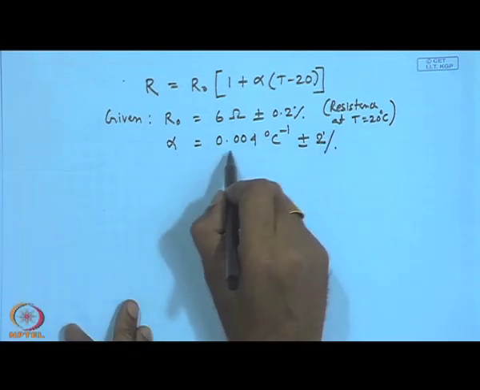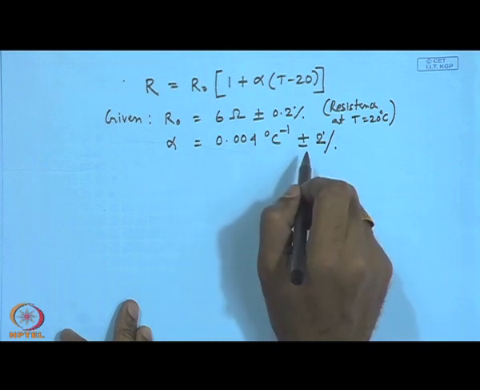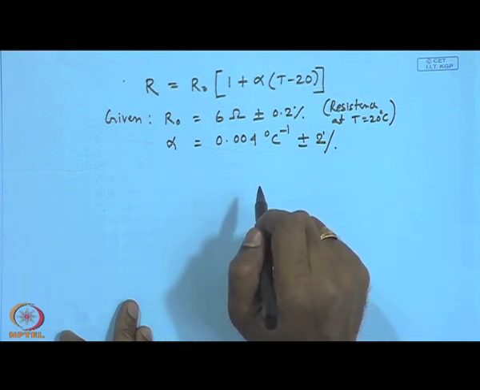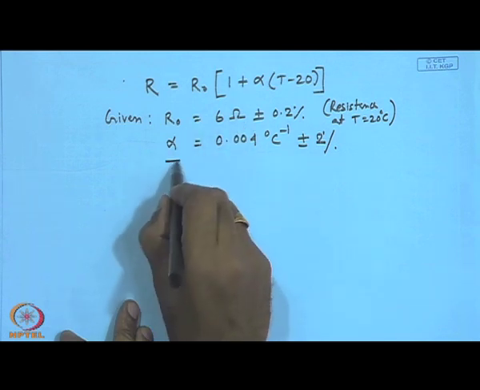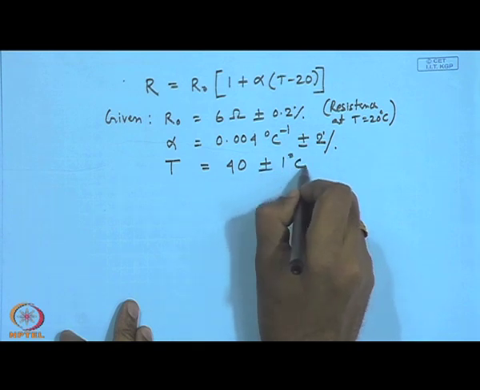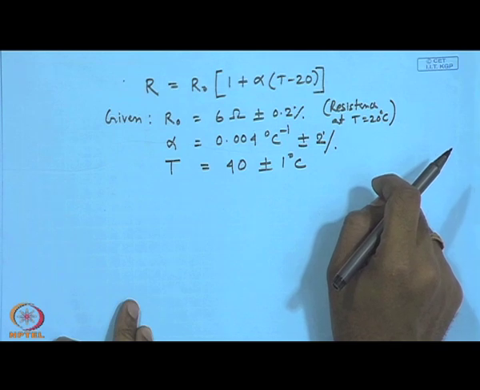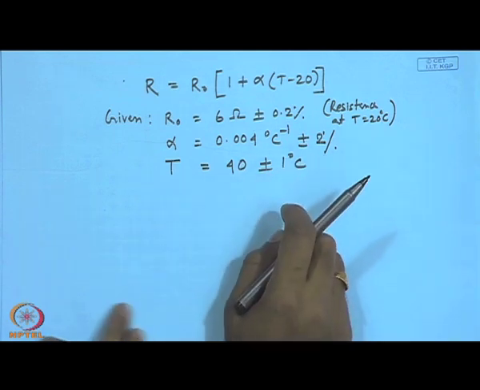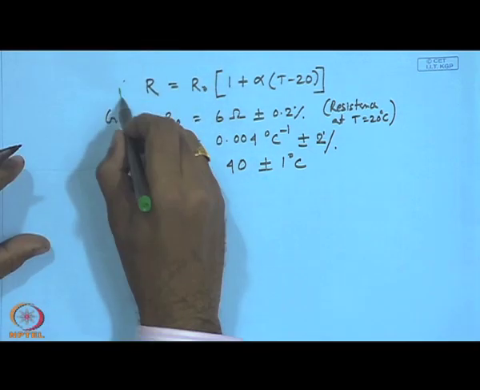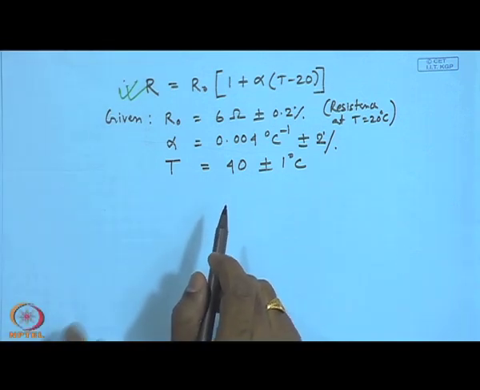I have alpha equal to 0.004 per degree Celsius plus minus 2%, the temperature coefficient of the resistance, and temperature T is measured with accuracy of plus minus 1 degree Celsius. So, by use of this equation we can find out what is the value of the nominal resistance.